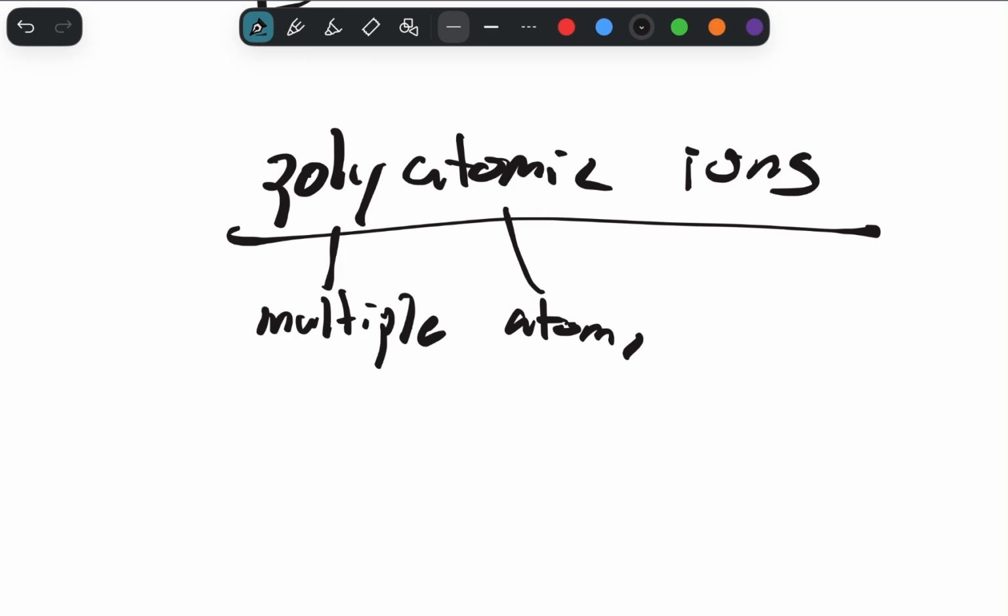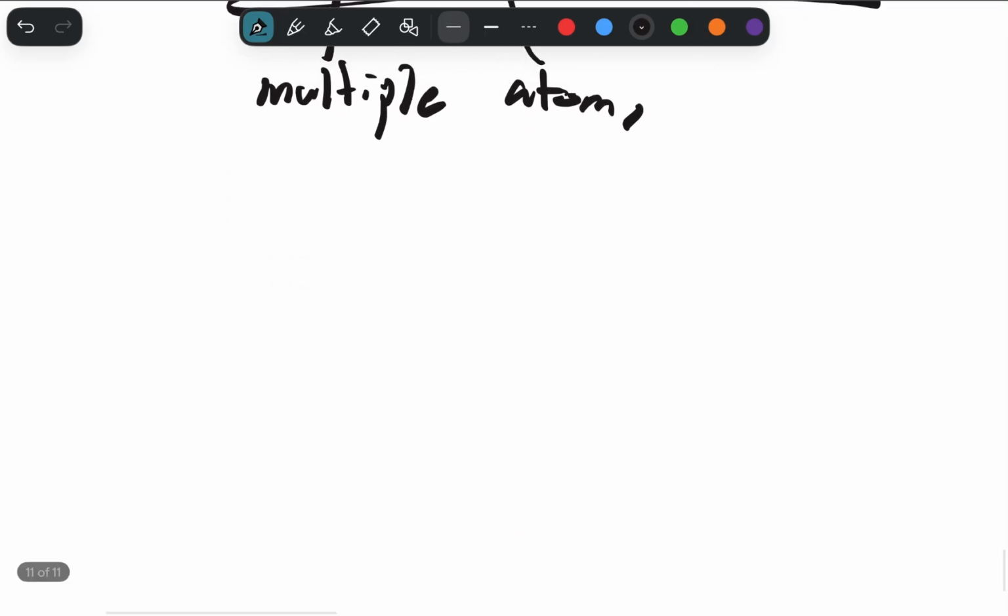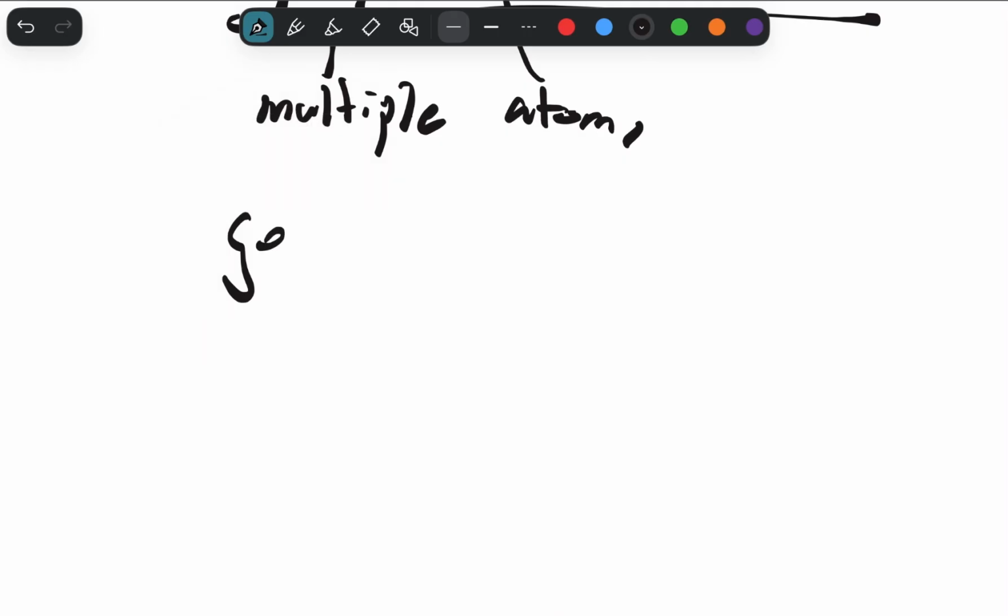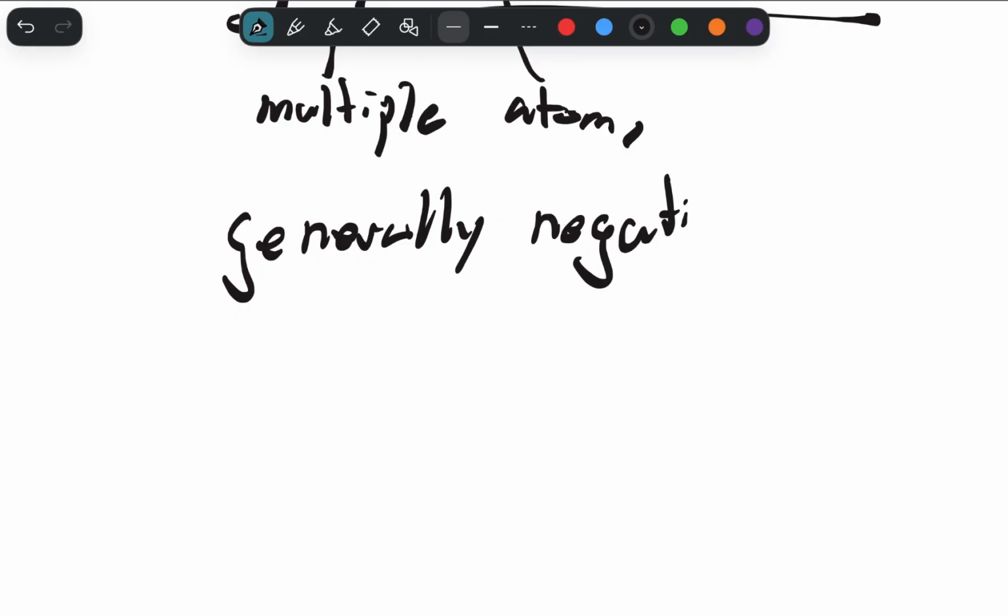They're generally negative ions, but some could be positive.